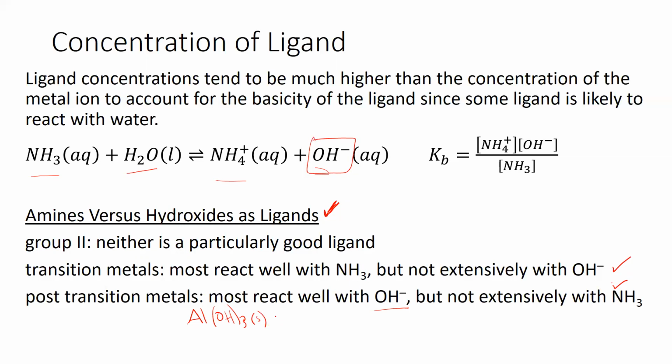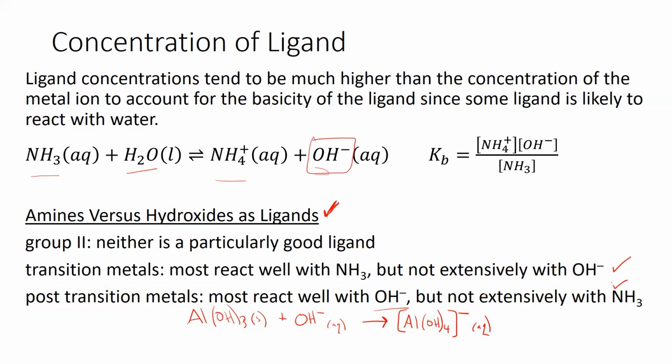It's got a very low solubility. But if you have an excess of hydroxide, if you add another hydroxide in there, it actually will react with the aluminum hydroxide to form a complex ion. Okay, and that will be soluble.